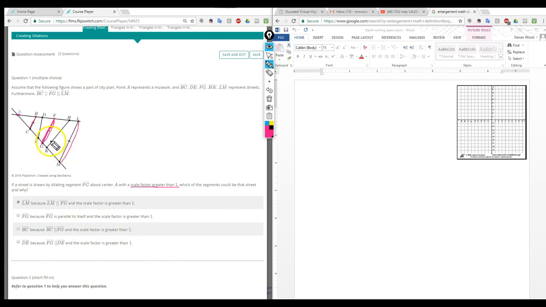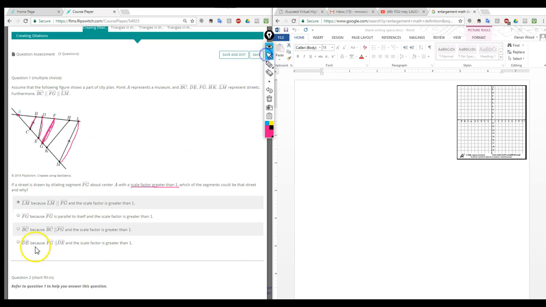So again, you look at DE, it is smaller than segment FG, so it could not have a scale factor greater than 1, and it's also not parallel, so that means it was dilated differently than FG would be dilated.